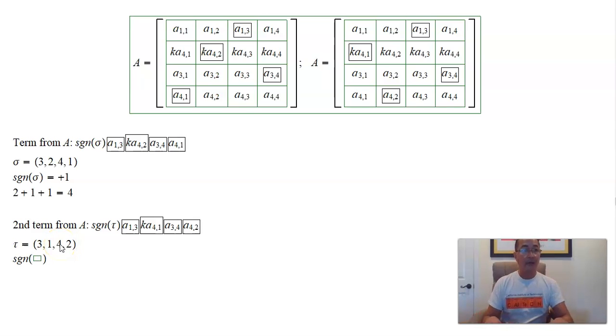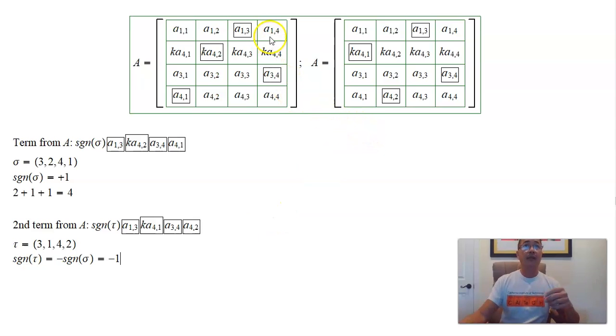So the sign of tau is the negative of the sign of sigma. So instead of positive 1, we will get negative 1. We get exactly the same numerical factors, and the signs are opposite. So when you add these together, they cancel out to 0.